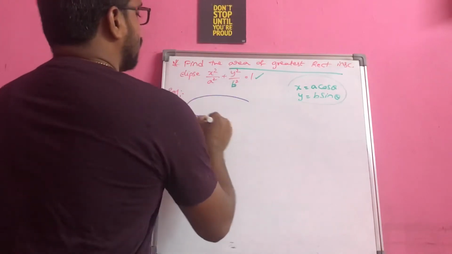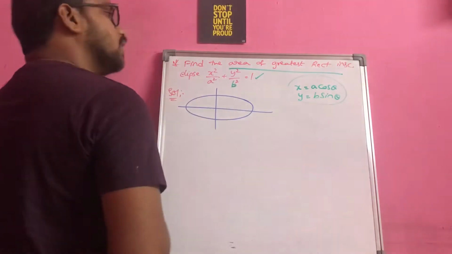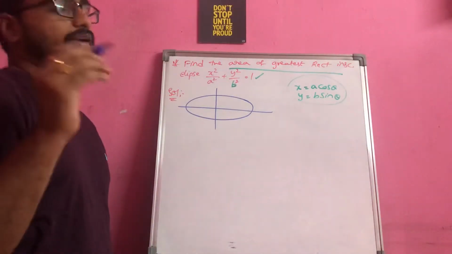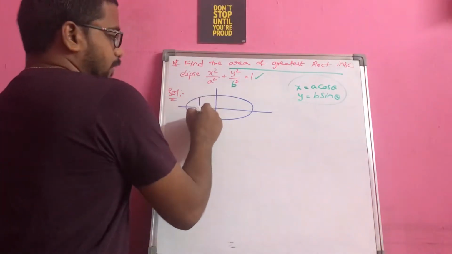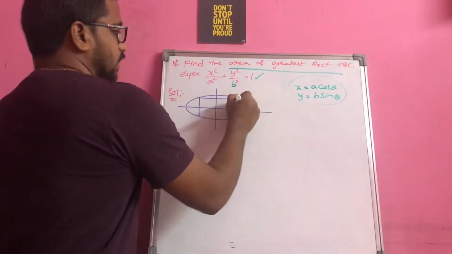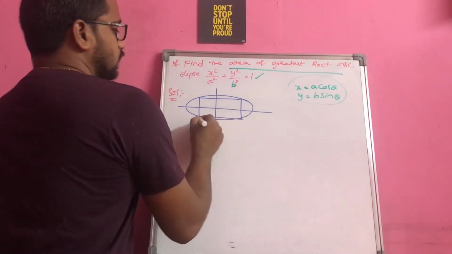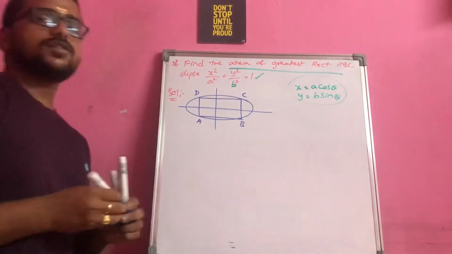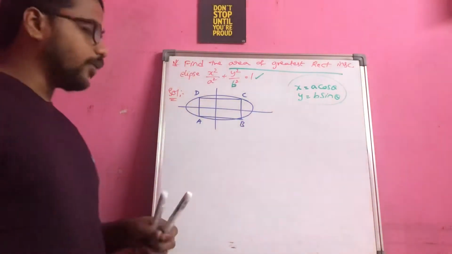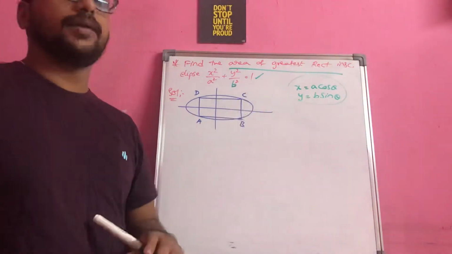If this is the ellipse for me, this is the major axis, this is the minor axis. They are talking about the area of the greatest rectangle inscribed in the ellipse, which means I am placing a rectangle inside the ellipse. So this is A, B, C and D. Just now we discussed that whatever point you take on the circumference of the ellipse will always follow this parametric form.